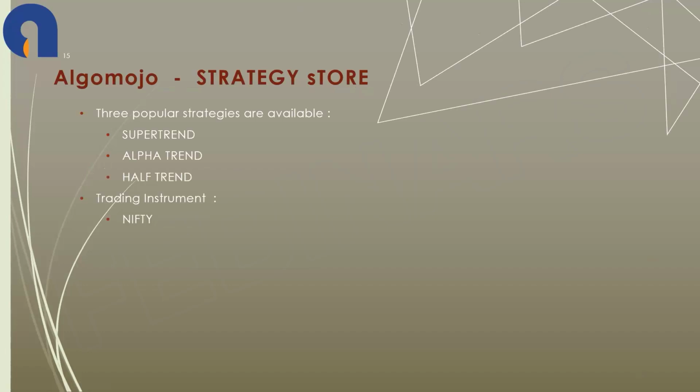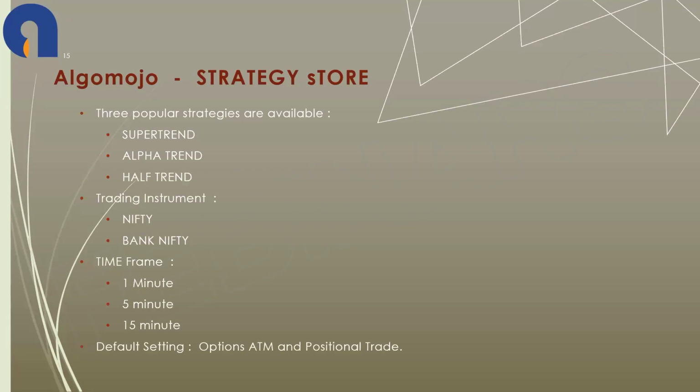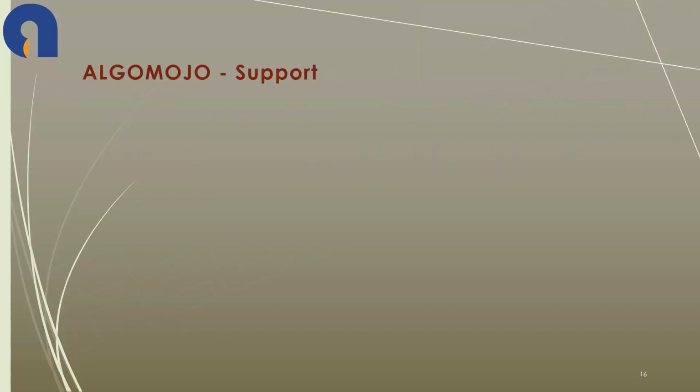You can trade in Nifty, Bank Nifty, or options only. Time frames available are 1 minute, 5 minute, or 15 minutes. You can choose. The default settings are for options trading in ATM, and these are positional. Of course, you have the flexibility to choose any of them, and you can test it using paper or live trade, and then accordingly use it.